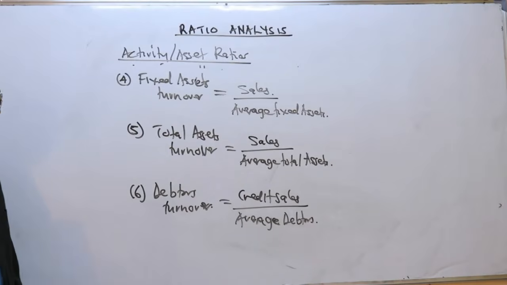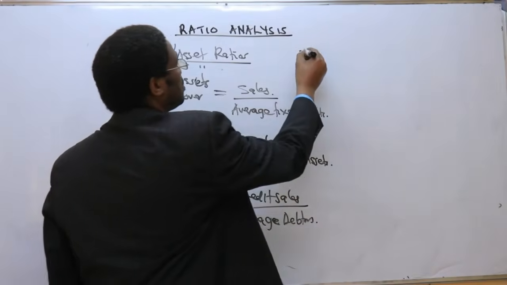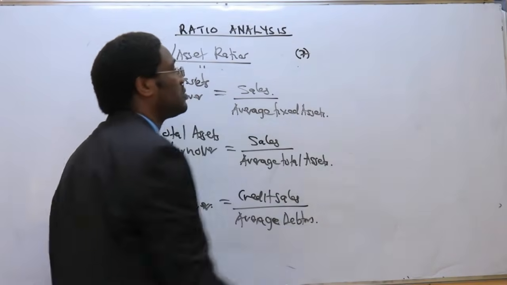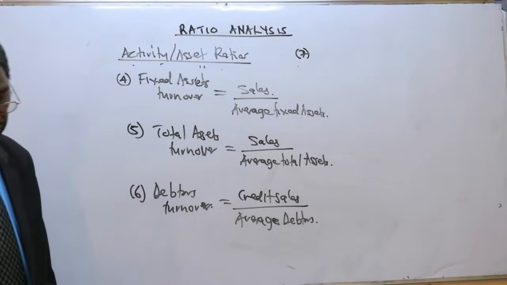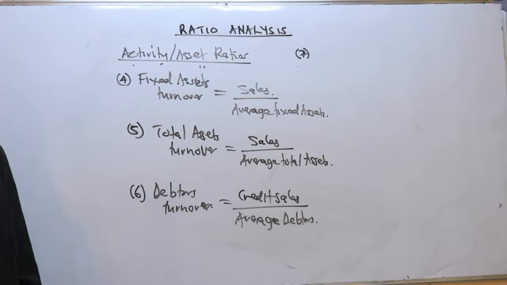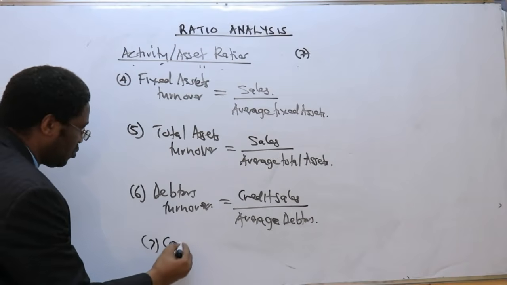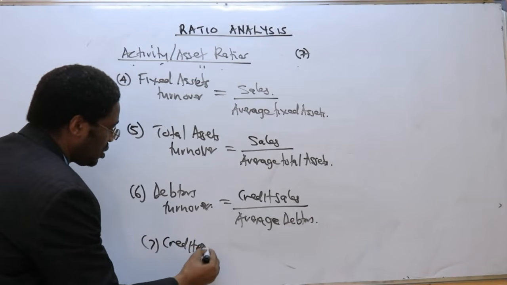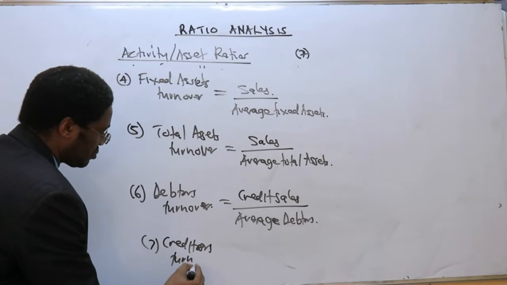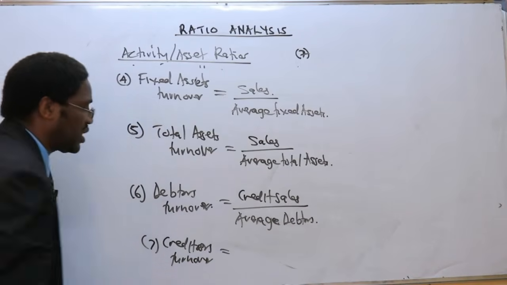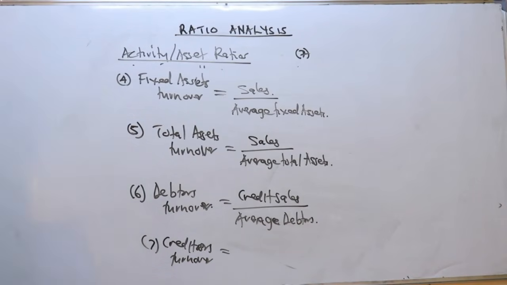Number 7 is what we can call creditors turnover. What do you think should be the case?